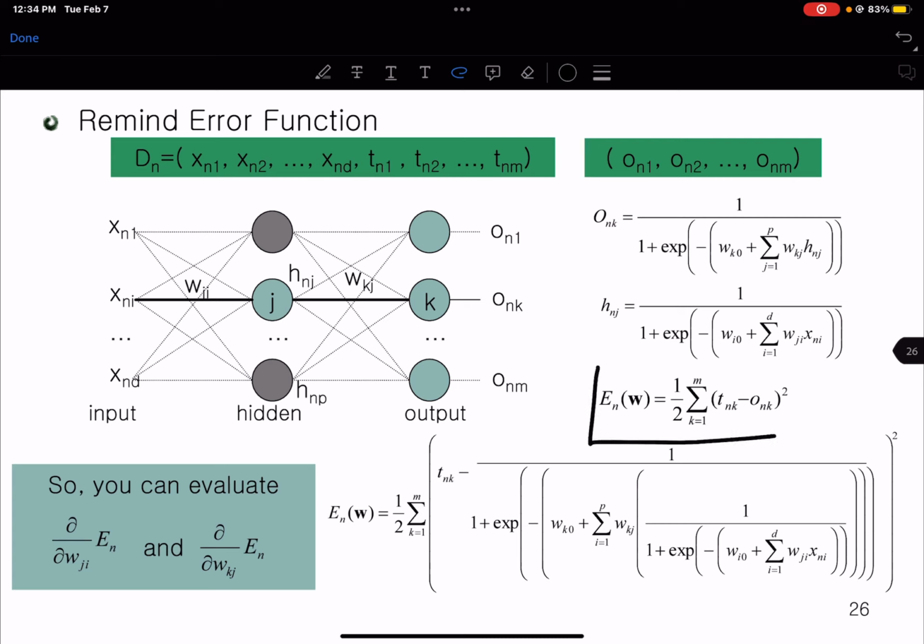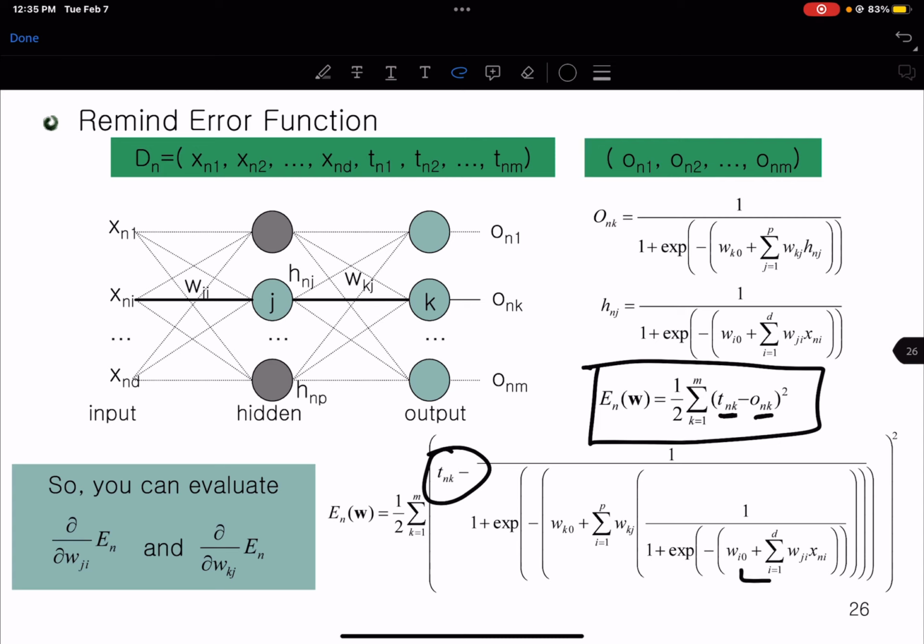And then your error function will be defined by t, which is the target, and o, which is the actual output. This is how we will define our error function, and if we write it openly, then t n k is our target.